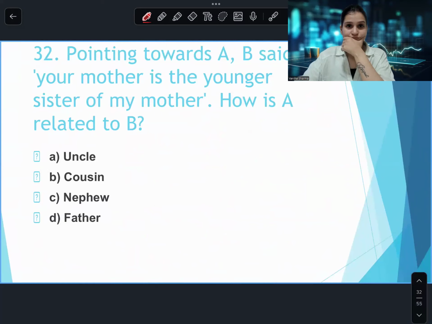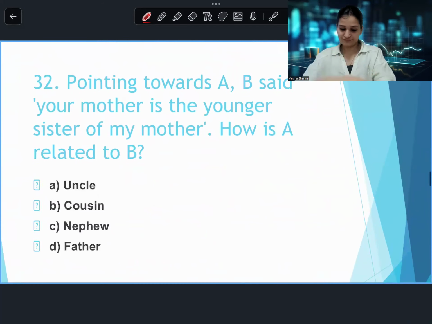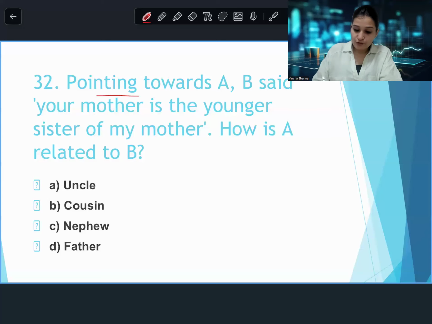32. Cousin. Pointing towards A, B said, your mother. Whose mother?